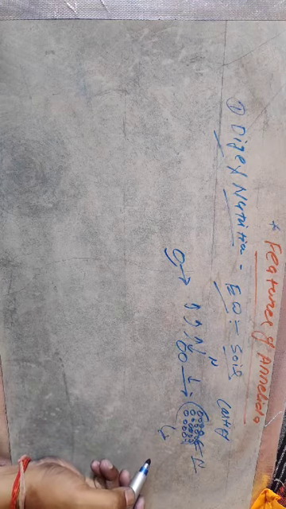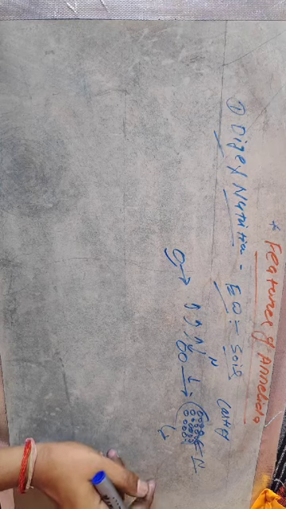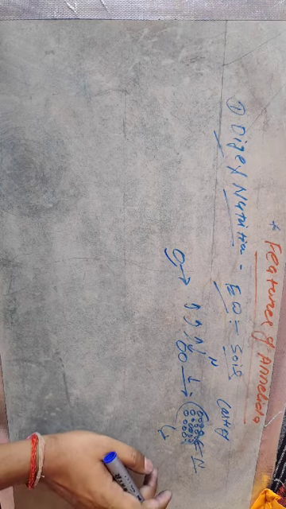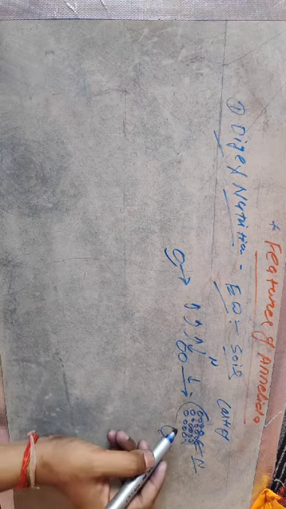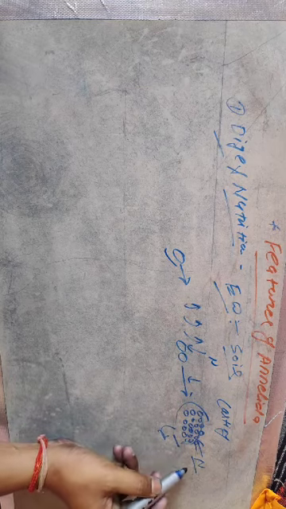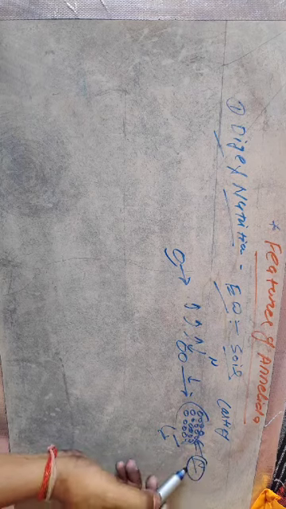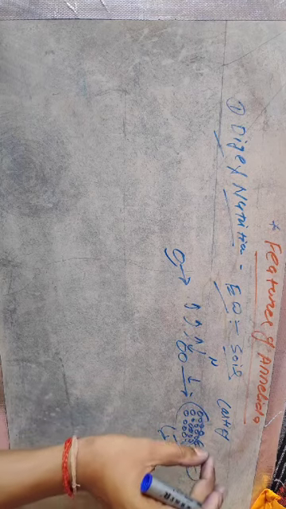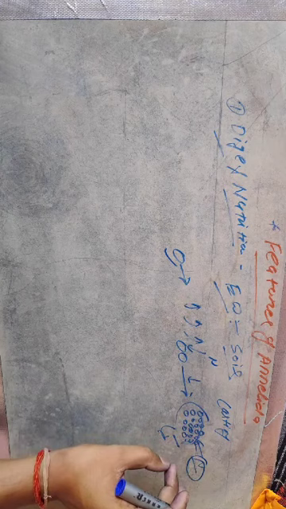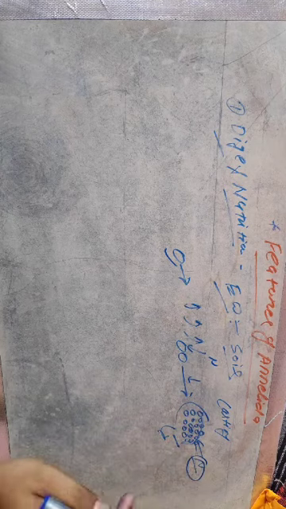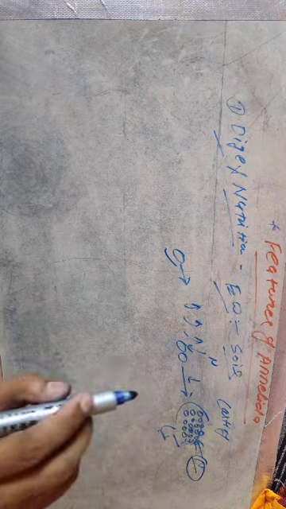So annelids are called friends of farmers. How do we explain that earthworms are called friends of farmers? Because during excretion they eliminate a large amount of soil containing nitrogen, which is in favor of plants. So casting containing nitrogen is very important, and that is why earthworms are called friends of farmers.